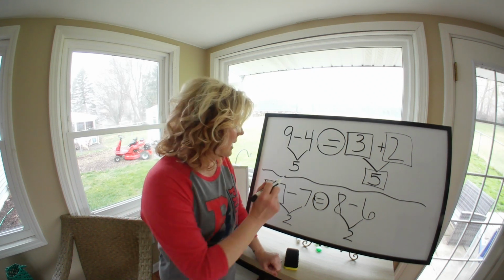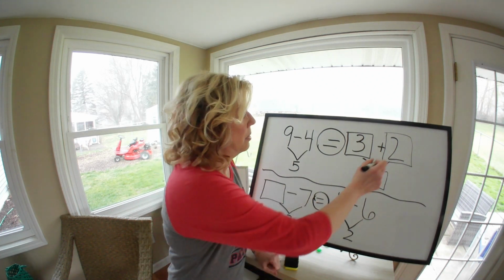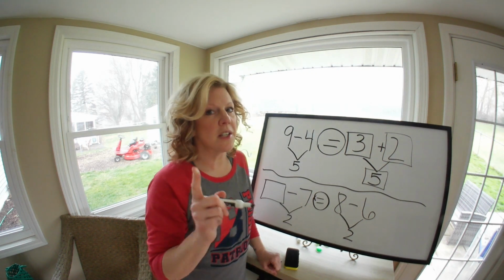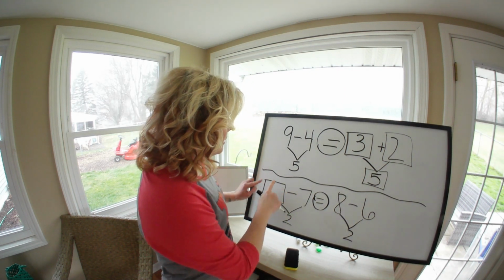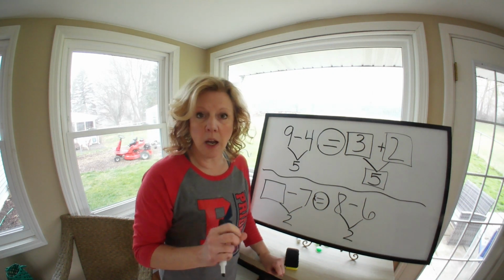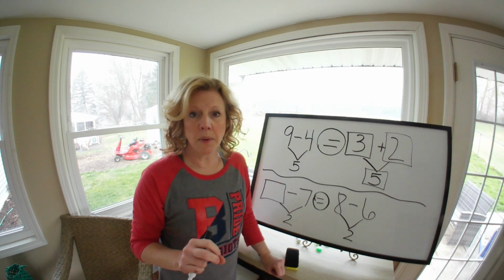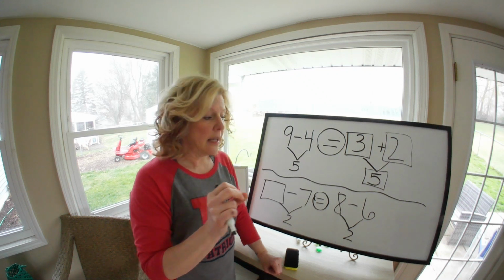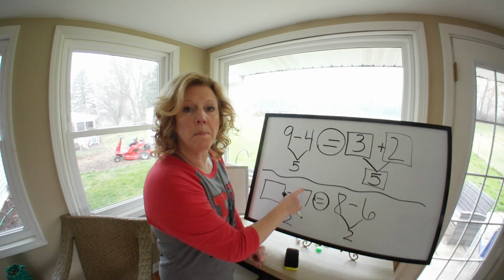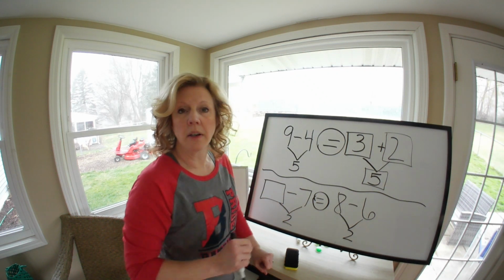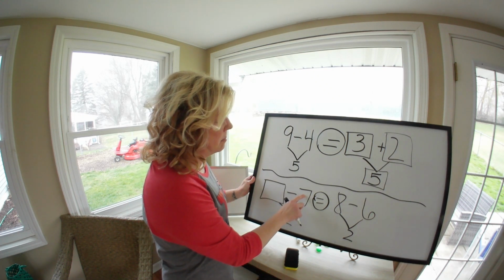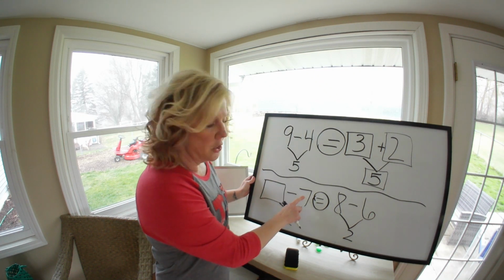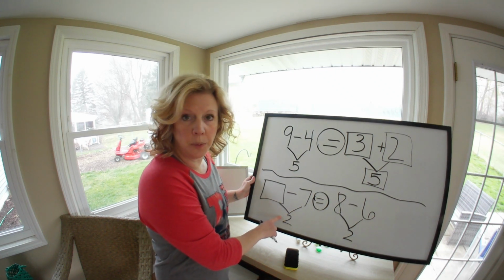Now, the actual number bond part that we used here does not work here. And I'm going to tell you why. Because this number here, because it's a subtraction problem, has to be at least equal to or bigger than the 7, okay? So this number here has to be bigger than 7 to get a total of 2.